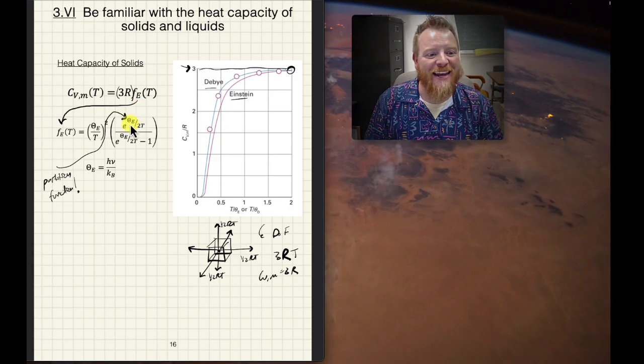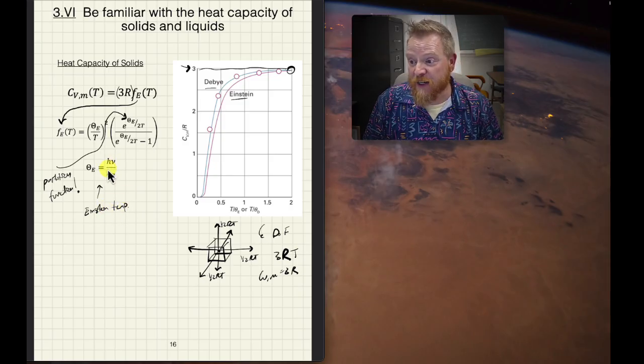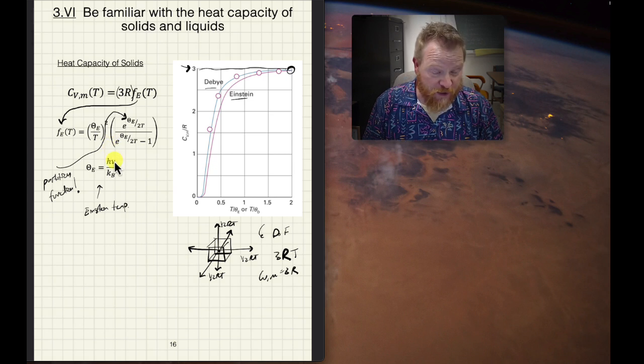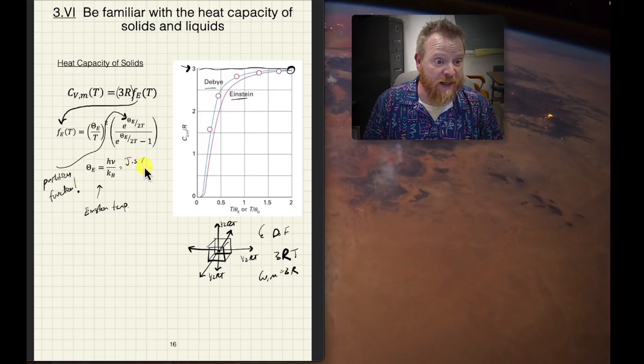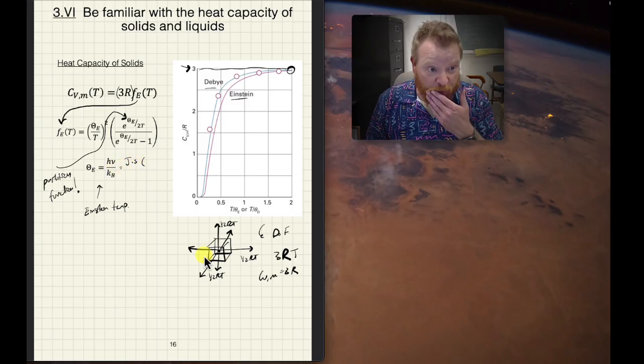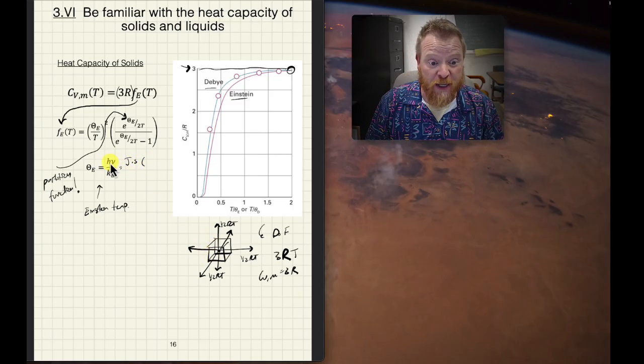So that theta_E, that's what we refer to as the Einstein temperature. And if we take a look at the units here, h times nu gives us a unit of joules, right? So h is a joule second. Nu is the frequency of vibration. So that's what that nu stands for, the lattice vibration.